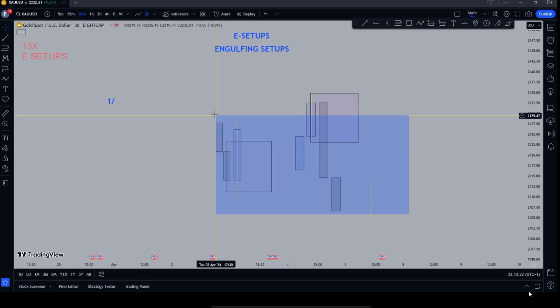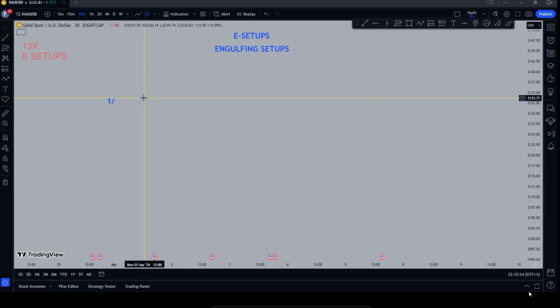So let's begin with the first engulfing candle.